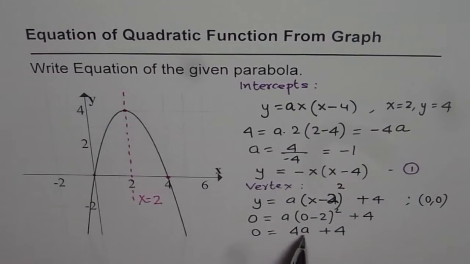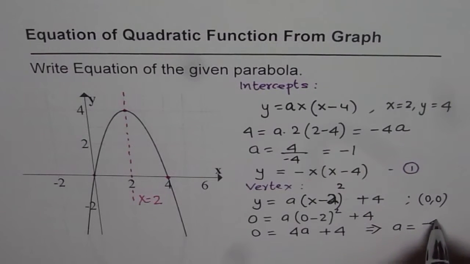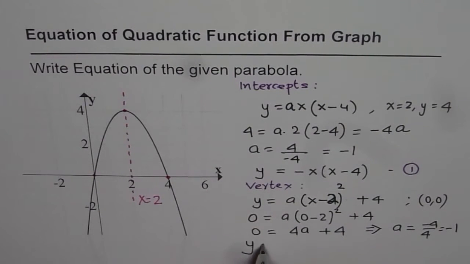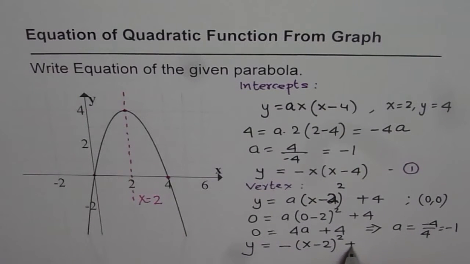And this gives us a. So from here we can say a is equals to, when we take 4 this side, we get minus 4 divided by 4, which is minus 1. And therefore we can write this equation as y equals to minus x minus 2 whole square plus 4. So that becomes the equation in vertex form.